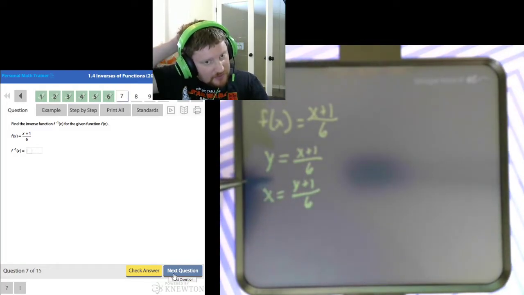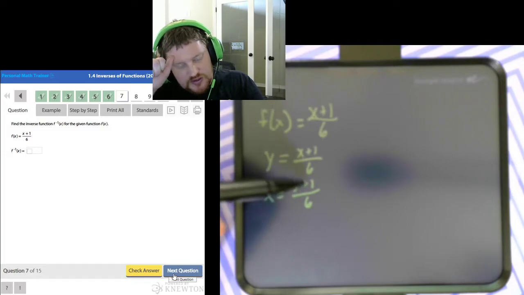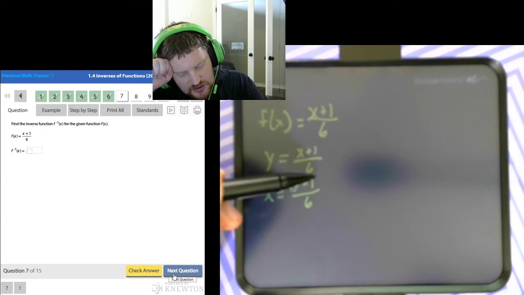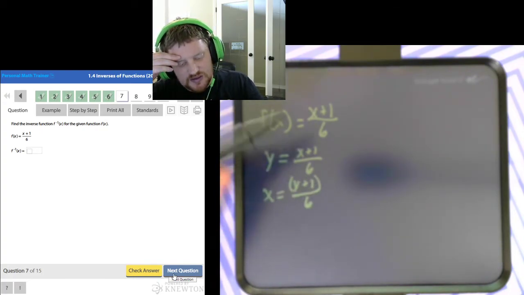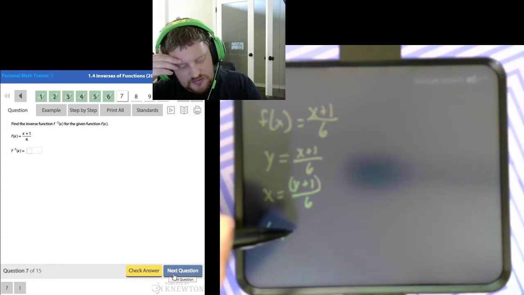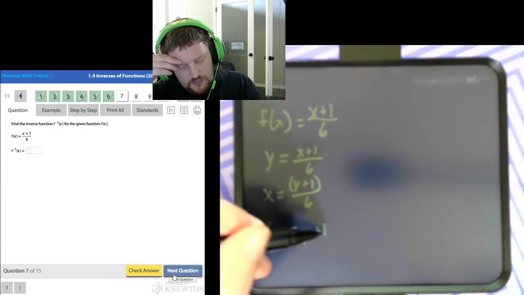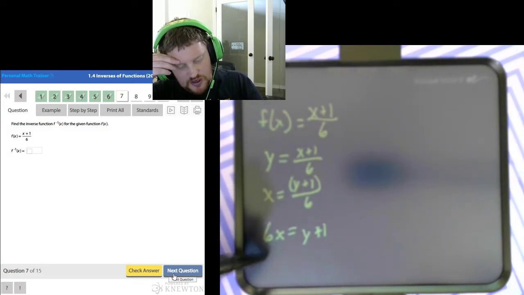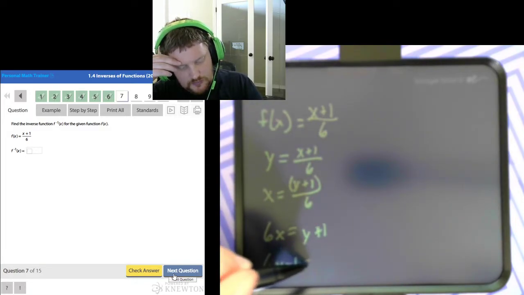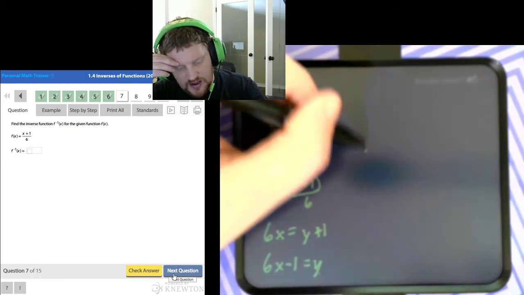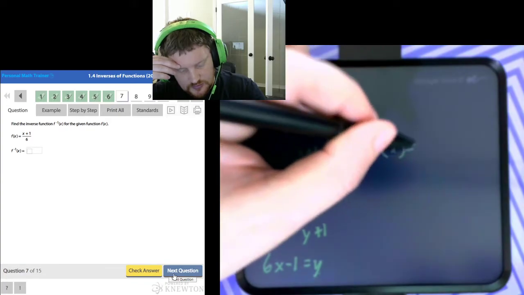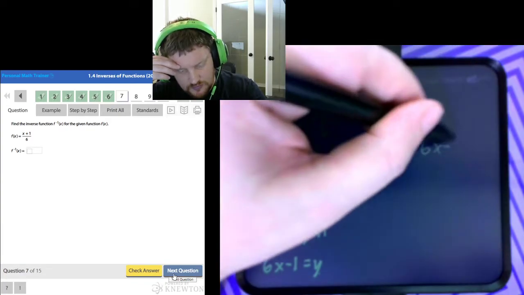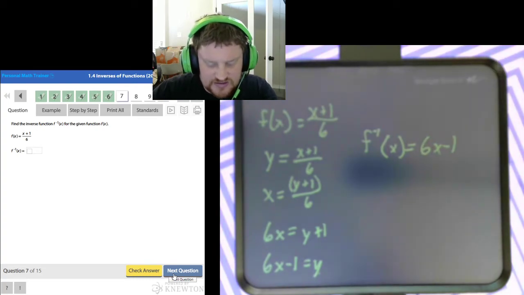Now, I know I said PEMDAS backwards, which would normally mean we would do the addition first, but because this fraction bar is over everything, there's an imaginary pair of parentheses here, so that's going to be done last. So we have divided by 6, so we're going to multiply by 6. Opposite of addition is subtraction. Change y to f inverse of x. 6x minus 1.